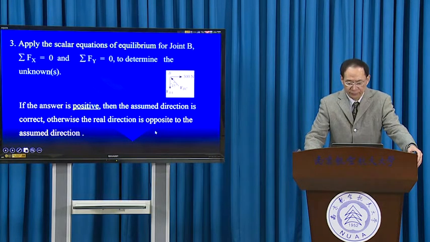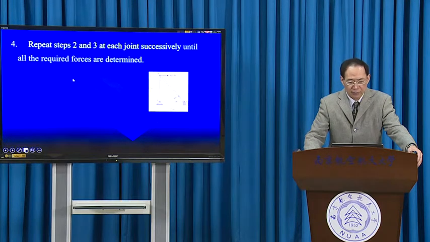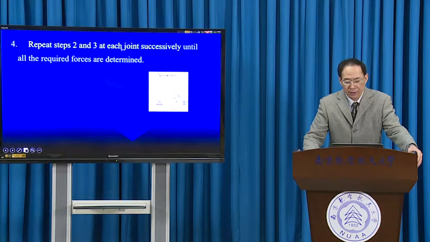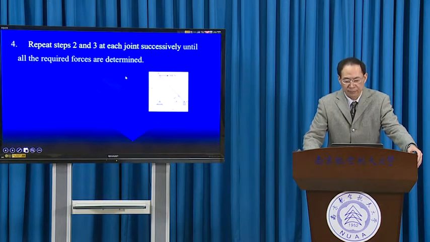Step 4. Repeat steps 2 and 3 at each joint successively until all the required forces are determined.